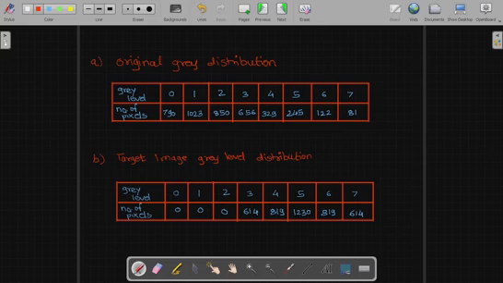So for this we can draw the histogram like this, and for the target we can draw the histogram. What we have to do is modify our histogram A according to histogram B. These are 790 pixels.